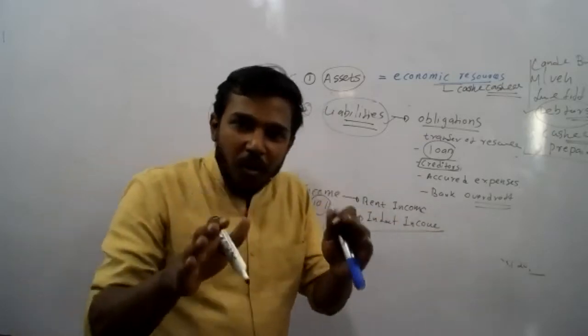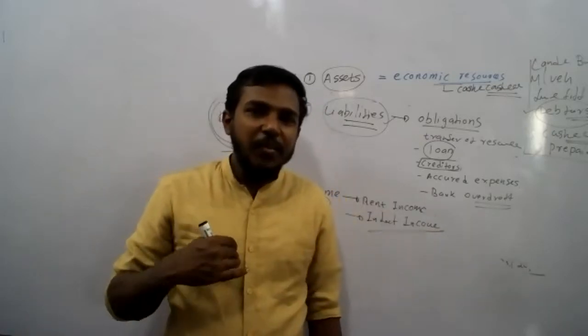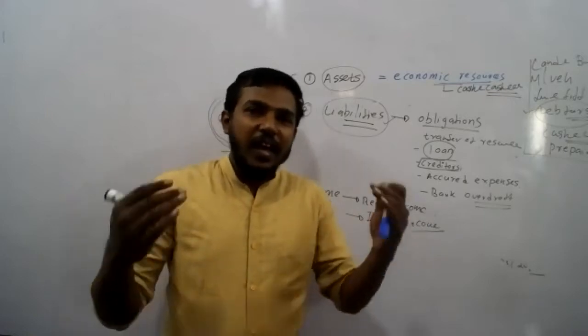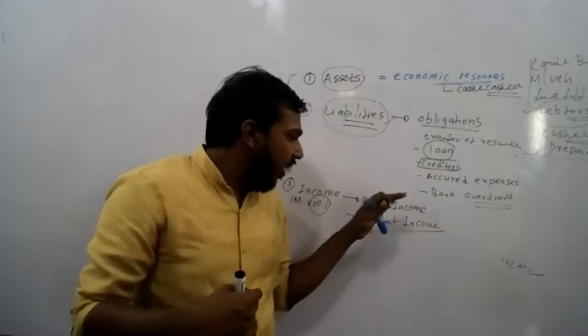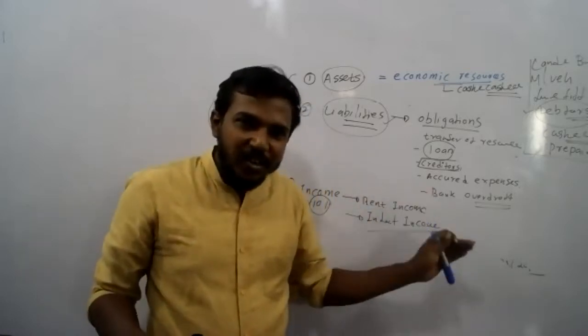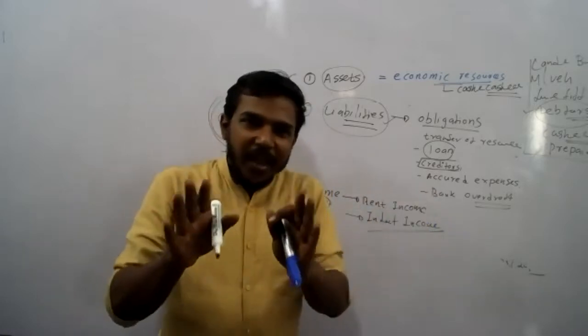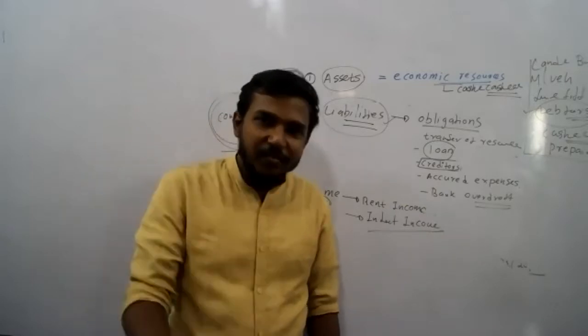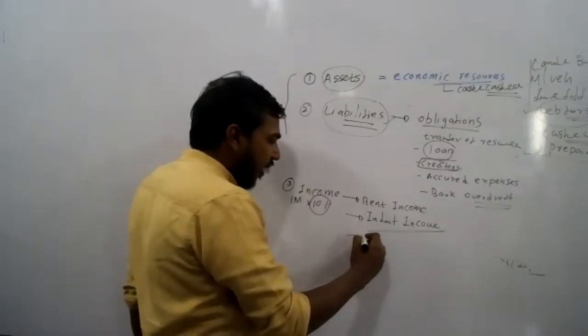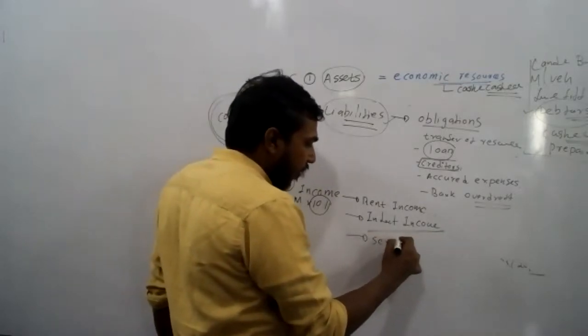Then the most important income, as I am lecturing for advanced level, for AAT and chartered: my main income is not the rent income, not the interest income. My main income is that I am providing a service. So it's my service income.